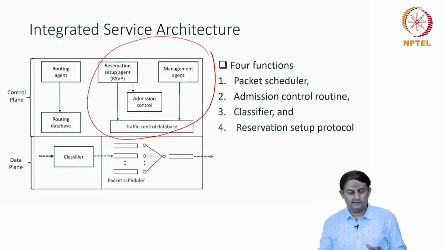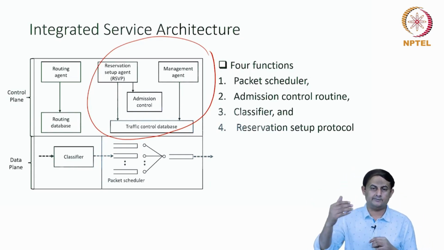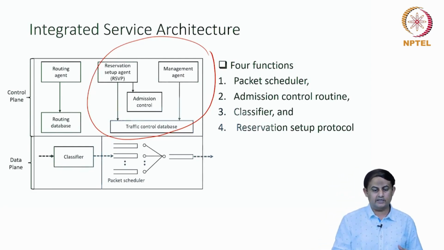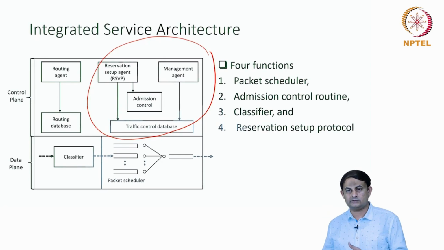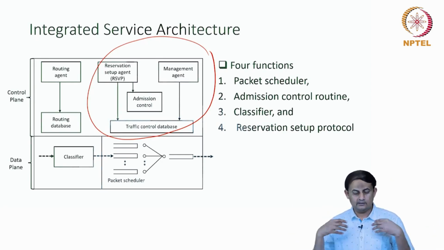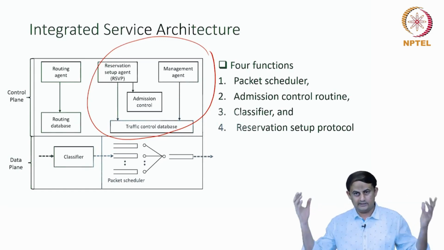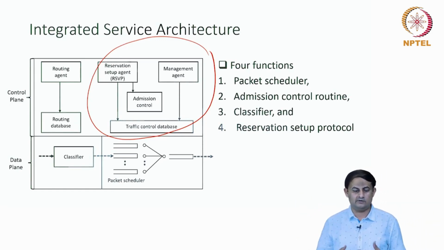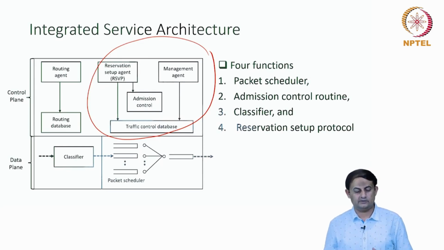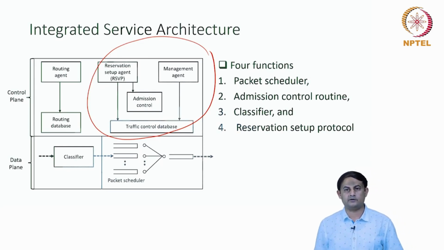So your application will tell you what its requirement is, you decide whether to admit or not to admit. If you decide to admit, then you reserve the resources between the source and destination two endpoints, and then load this entire information, what is being reserved and what is the requirement of the application, into a database called the traffic control database.